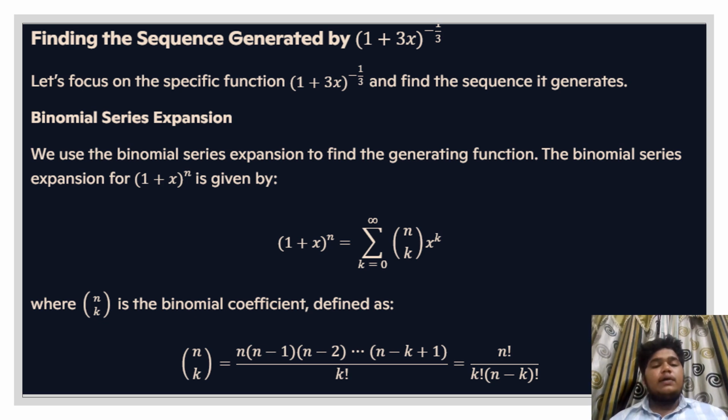The binomial series expansion for (1 + x)^n is given by (1 + x)^n = sigma from k = 0 to infinity of (n choose k) x^k, where the binomial coefficient is defined as (n choose k) = n(n - 1)(n - 2) ... (n - k + 1) / k! = n! / (k!(n - k)!).